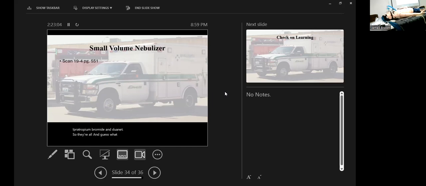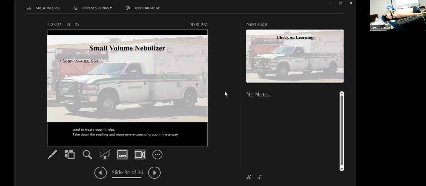It's albuterol and ipratropium bromide. So the two can be used separately, but they can be used together. Another one you'll see at the paramedic level is racemic epi, and it's used to treat croup. It helps take down the swelling in more severe cases of croup in the airway.